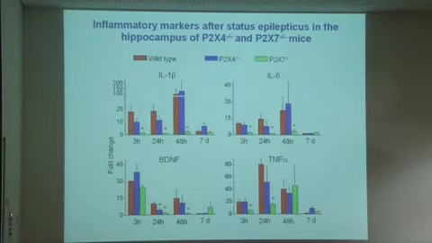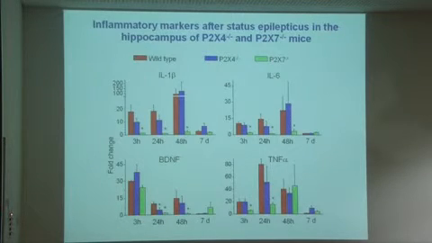So to finish, I would like to present to you these preliminary data that we have obtained by comparing the P2X4 and the P2X7 knockout mice. As you can see here, these are some qPCR data showing the expression of some of the inflammatory markers that I presented at the beginning of my talk.